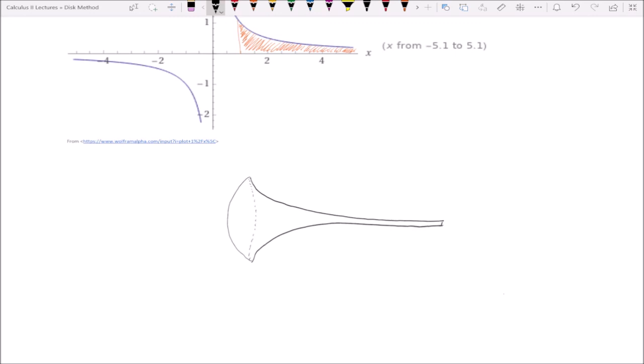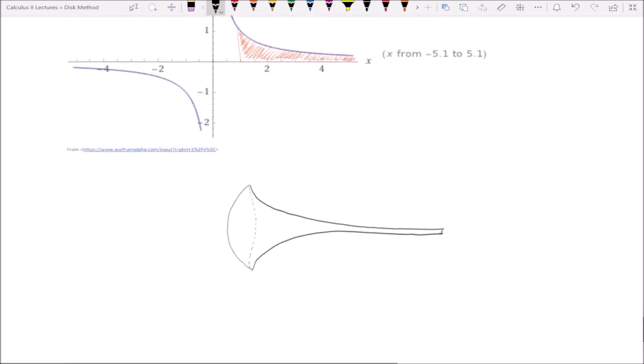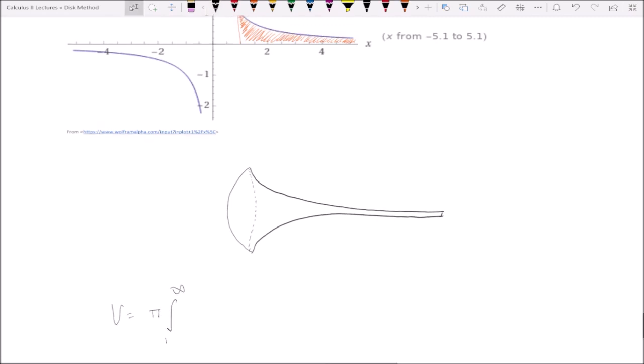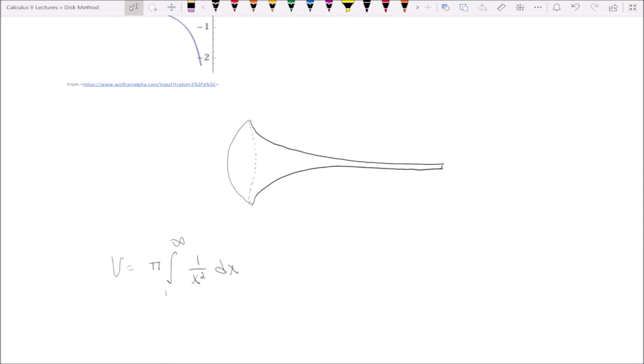Well, the volume would clearly be pi times the integral from 1 to infinity of 1 over x squared dx. Now, this is a p integral with a equal to 1, p equal to 2.